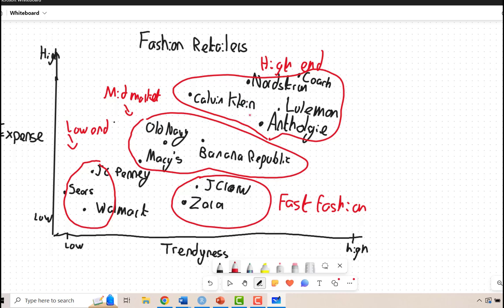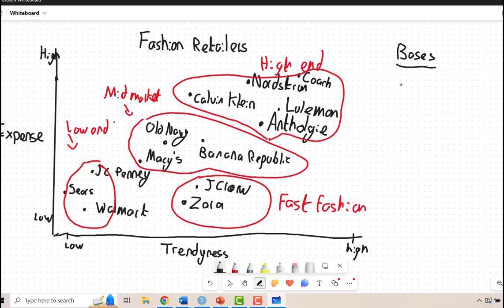Now the issue here, let's go back to my black pen, is that we've done this on trendiness and expense, but Coach has only a few products in each store. Nordstrom is a really diverse department store. Lululemon just sells fitness equipment. So we might have some additional bases.